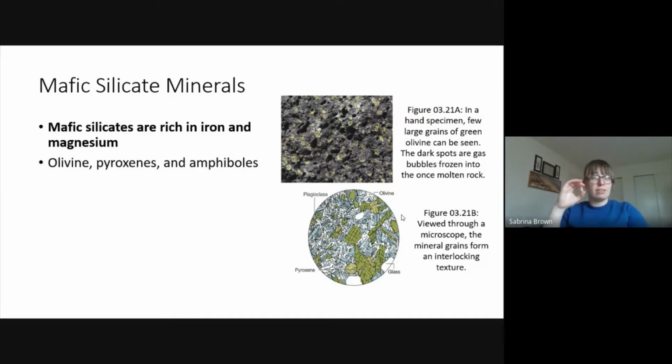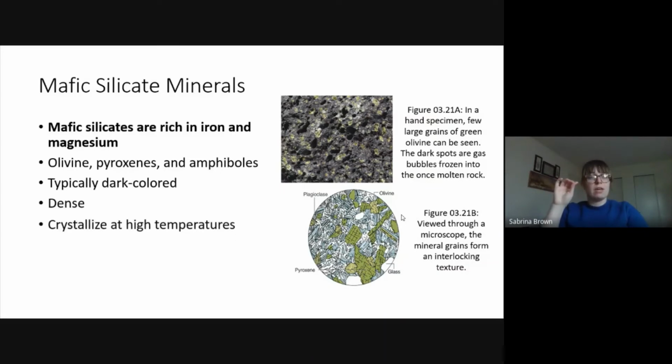Because they're higher in iron and magnesium, they typically are darker in color. Some minerals that we've talked about, olivine, amphibole, pyroxene, all of those darker colored minerals are ones that are mafic. So again, typically darker colored, more dense, and they typically crystallize at higher temperatures.